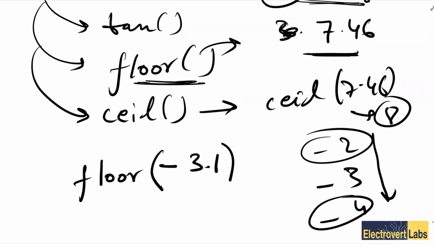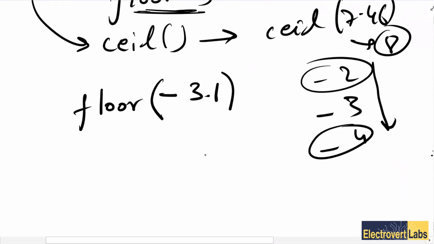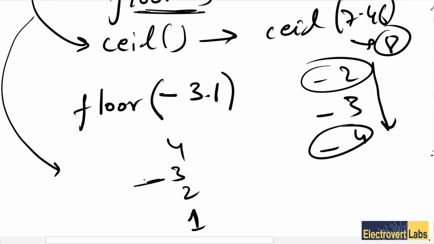Now some of you can ask, okay, then what if we want to round off a number? Once again, floor is just like, for example, let us understand it like this: 1, 2, 3, 4. Now, if you look at this number, anywhere between this 3 point something. So what is the floor of this number?